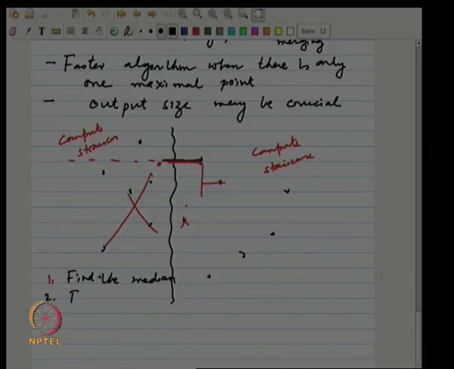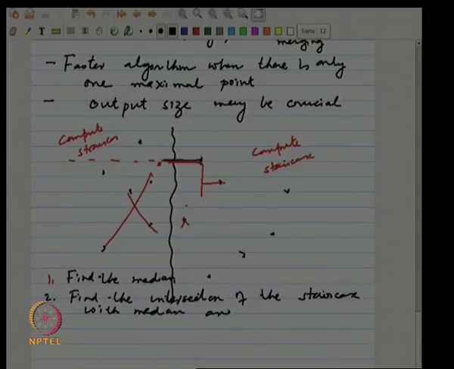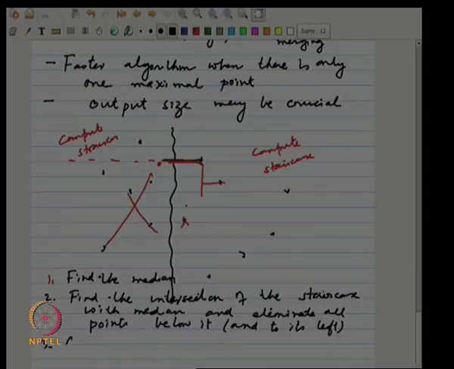Then find the intersection of the staircase with the median and eliminate all points below it and to its left.